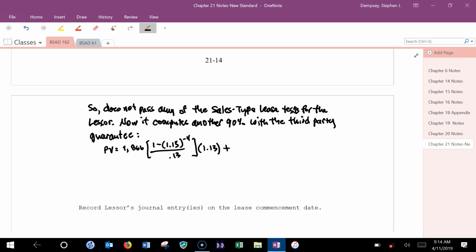All the 2,000? Yeah, just the guaranteed fraction of that 2,000, which was 2,000 times 75% or 1,500. And that's discounted back 4 periods. This, if you compute it, equals 7192.